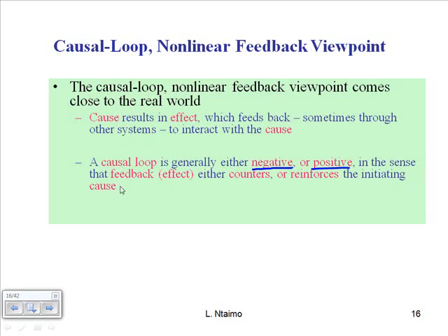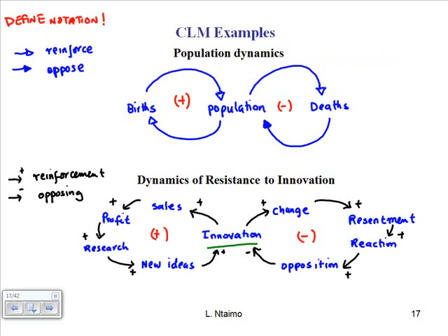So we talked about a causal loop being either negative or positive in the sense that feedback either counters or reinforces the initiating cause. And we looked at a couple examples. One was population dynamics. The other one was dynamics of resistance to innovation.